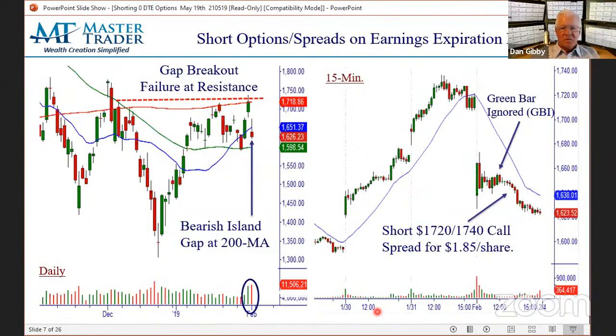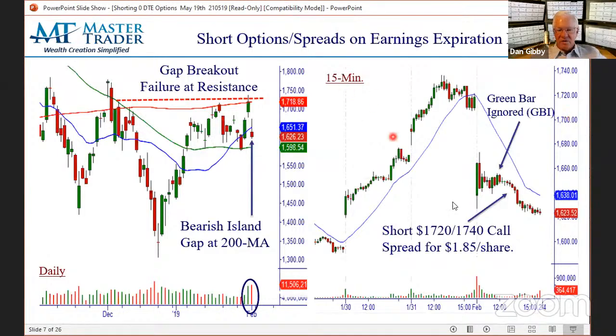A couple of examples, and we don't need to cover them all because we just find these over and over again. So here was a bearish gap, a bearish island reversal. This one was on earnings on a Friday expiration, so it was on our watch list. So once it gapped down under this green bar, it is totally on my watch list.